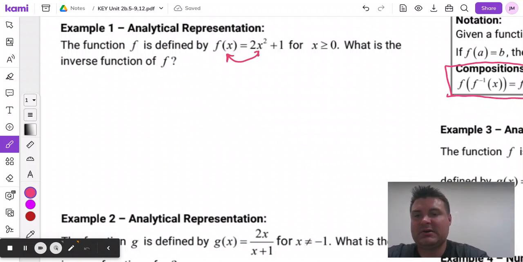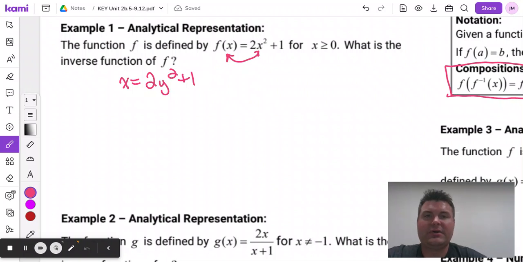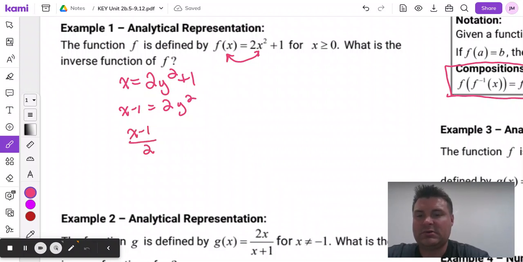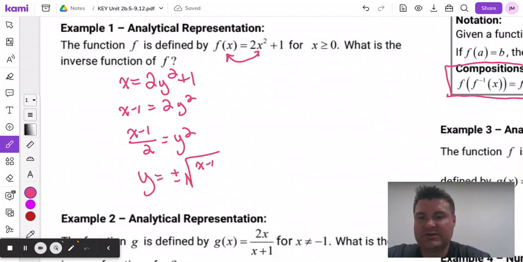So this becomes x equals 2y squared plus 1, and we're going to solve for y. Subtract both sides by 1. Divide both sides by 2. Put the y on the other side and square root both sides. So we get y equals plus and minus the square root of (x minus 1) all over 2.